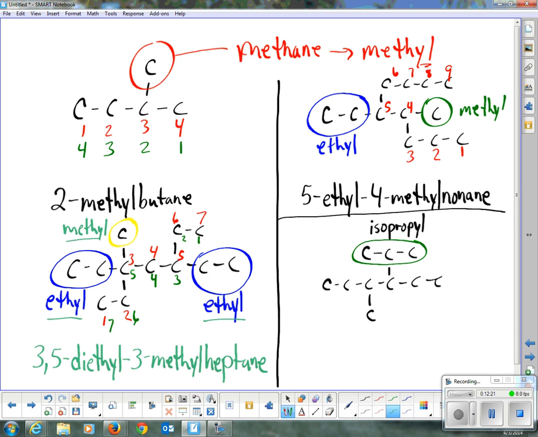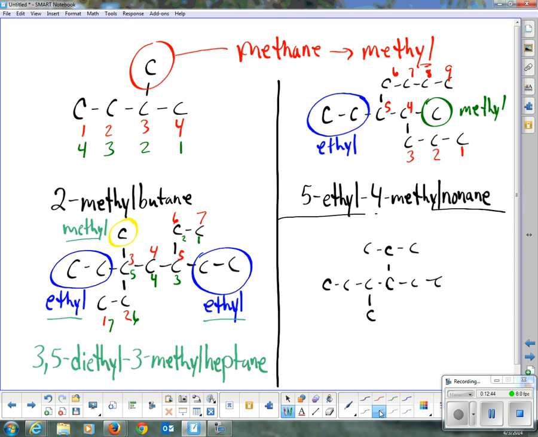Now, I don't have to name it that if it's part of my longest chain. So let's go back, and I'm going to erase that and put it back in. Because I can make that part of my longest chain, and then it's not a problem.